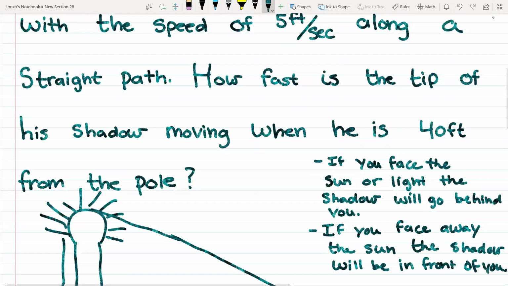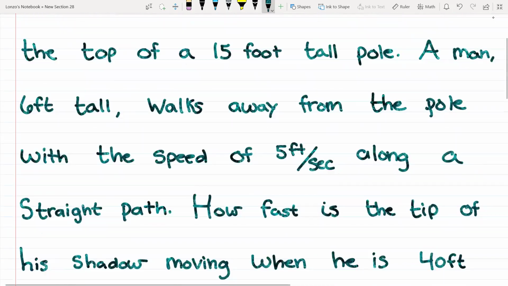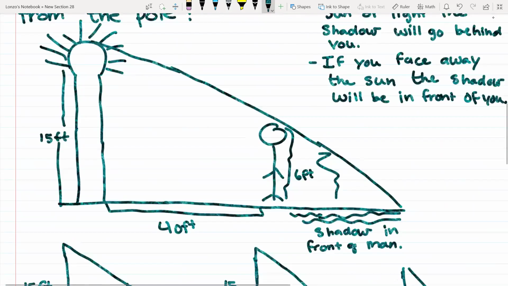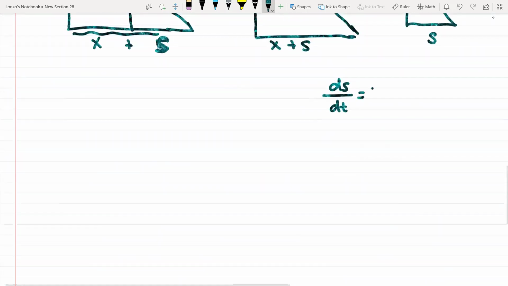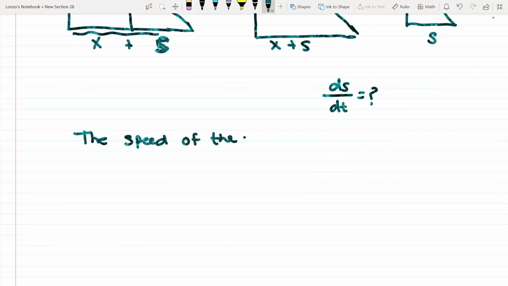What else do we know? We know that the speed of the man is 5 feet per second. The speed of the man is dx/dt, and that is 5 feet per second.